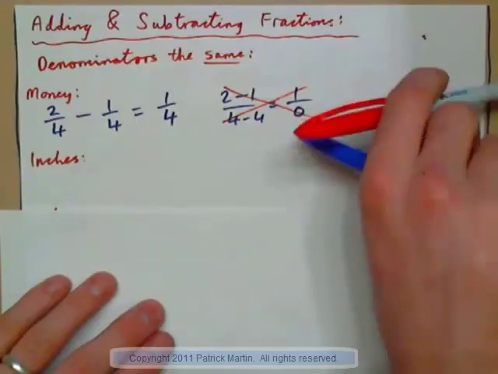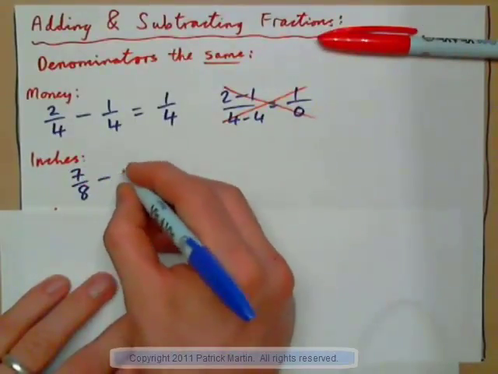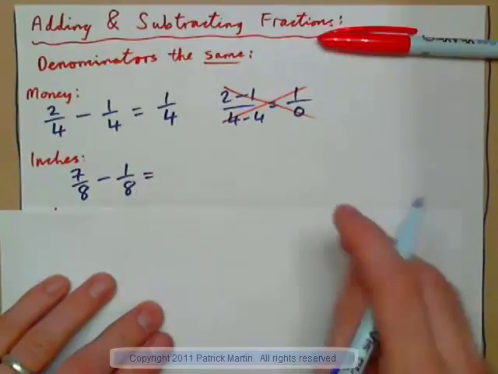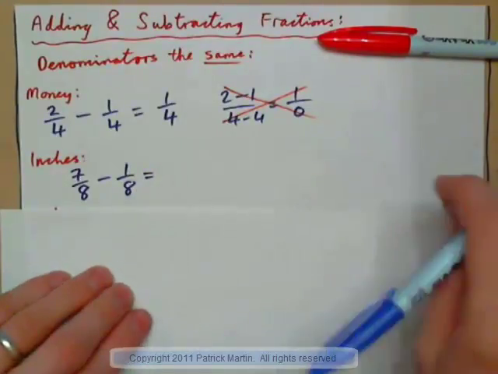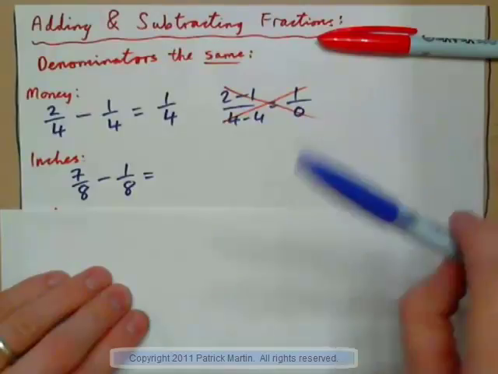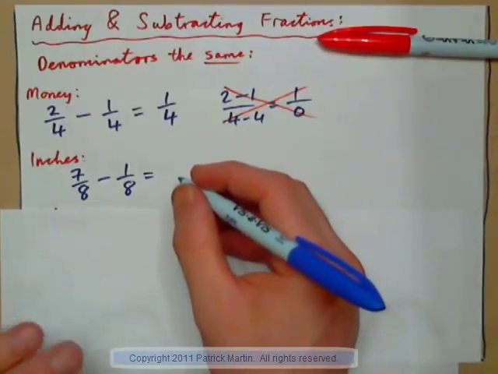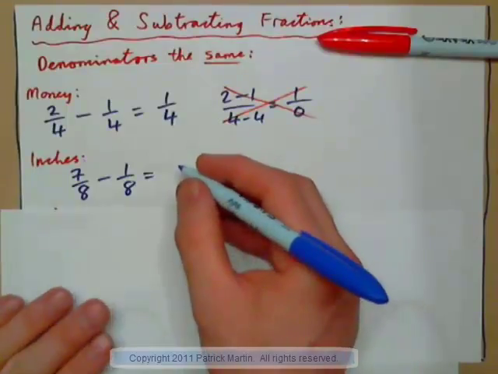Let's have a look at inches. 7/8 of an inch subtract 1/8 of an inch. Write down the answer. So if a piece of wood is 7/8 long and you want to cut off 1/8 of an inch, what are you going to be left with? Write it down, and remember the pause button's down here, bottom left corner.